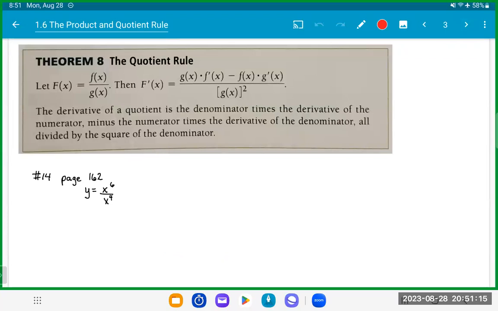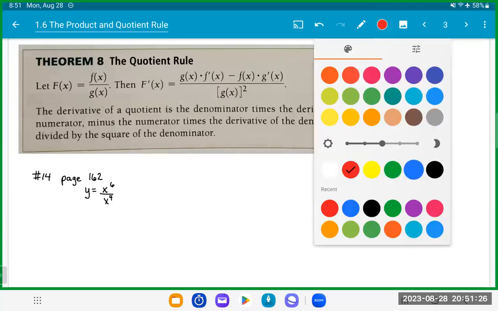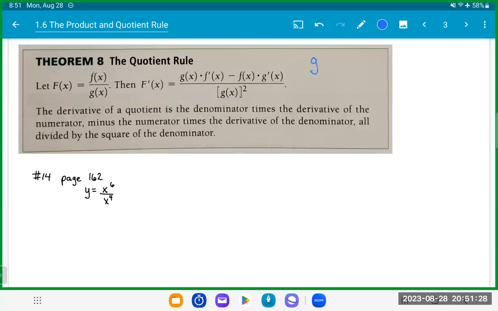And just like the product rule, I'm going to shorthand this one, and this would be G. Let's do G times F prime minus F times G prime, divided by G squared. And that's all we need to know for the quotient rule.